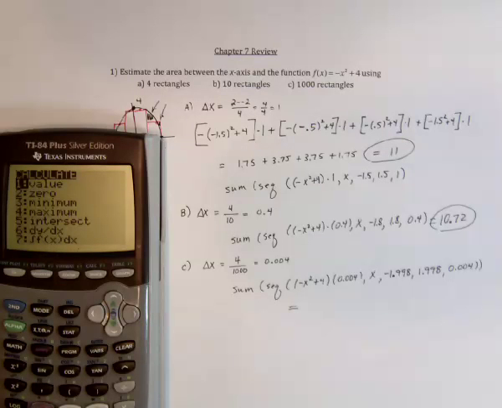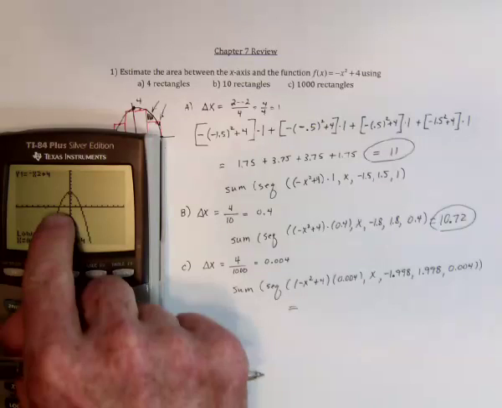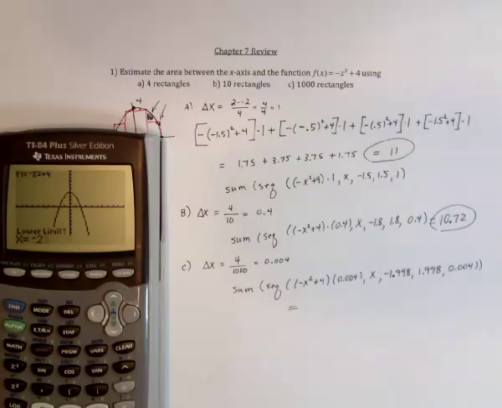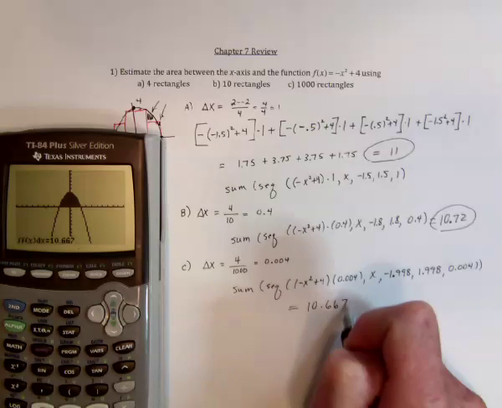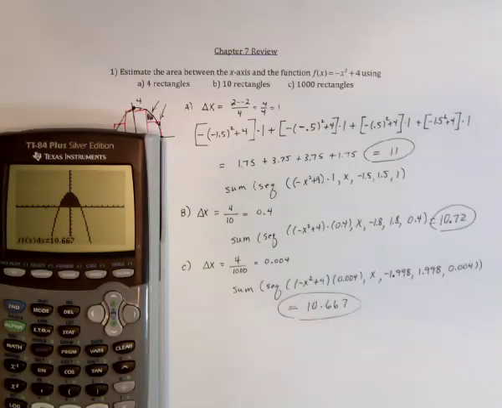So tell it number 7, and for a lower limit, that's over here at negative 2, and an upper limit over here at positive 2, and it finds out the actual area is 10.667, so 10 and 2/3.